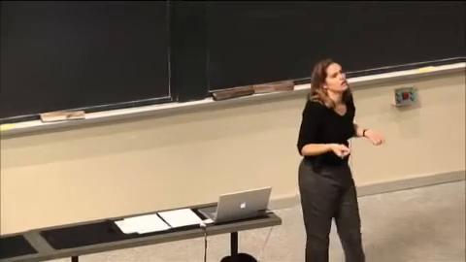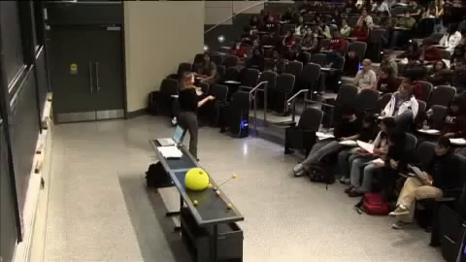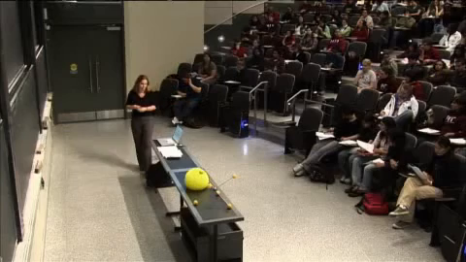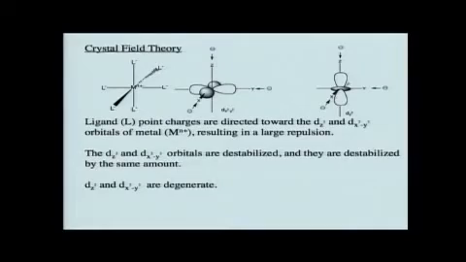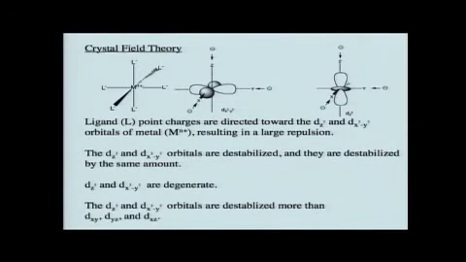So what's it called when orbitals are of the same energy? Yeah. So dz squared and dx squared minus y squared are degenerate. They are destabilized more than the other three orbitals. And let's consider now why that is true.